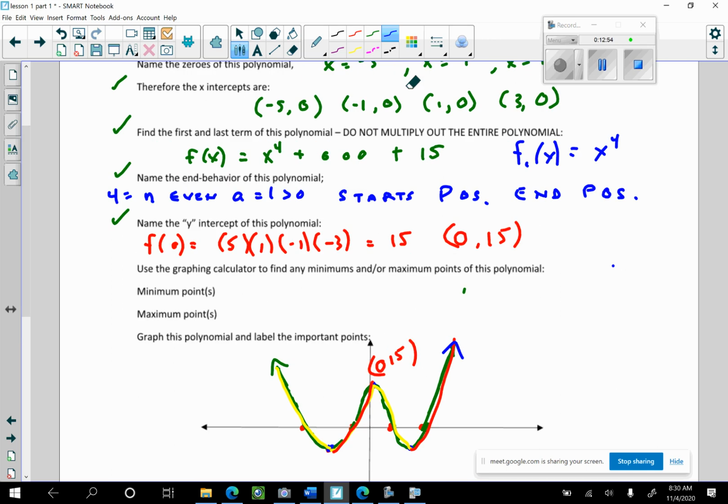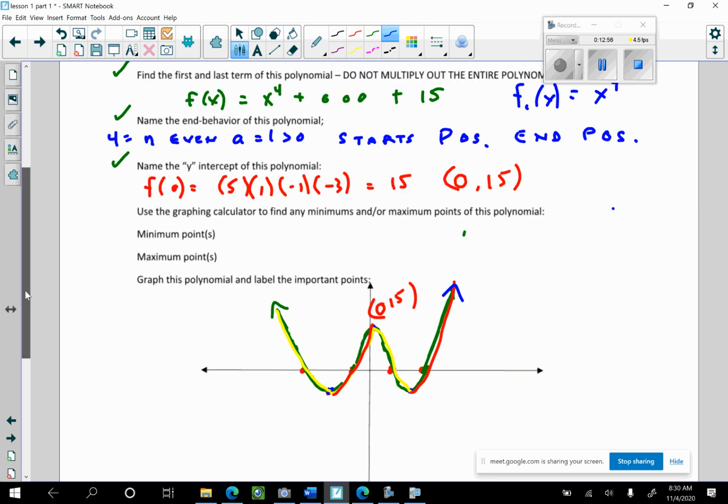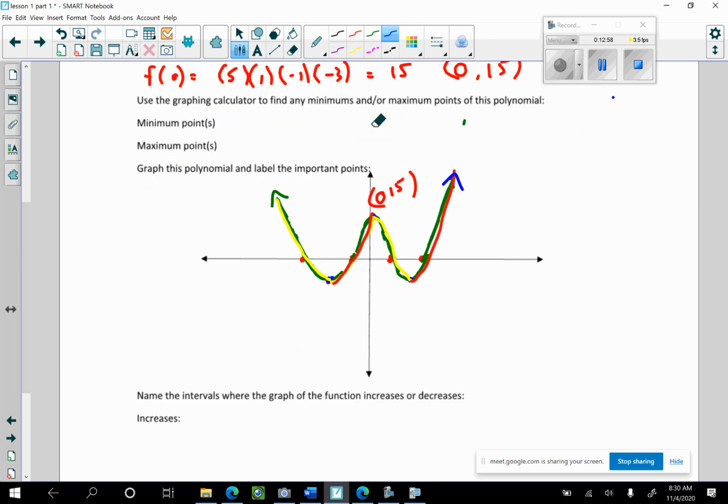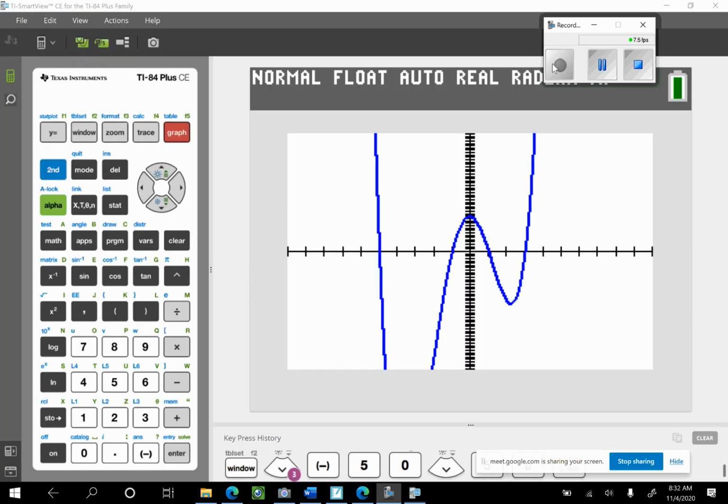We're going to put this bad boy in our graphing calculator right now, and we're going to find the two mins and the max.